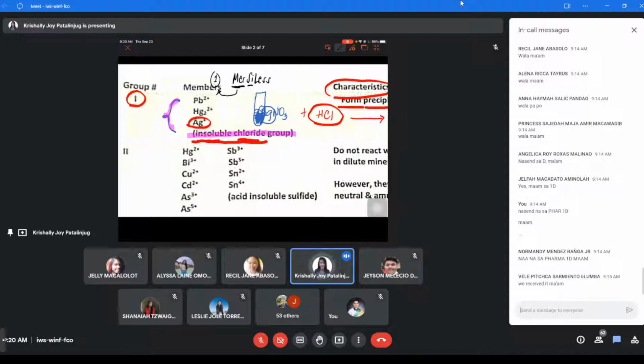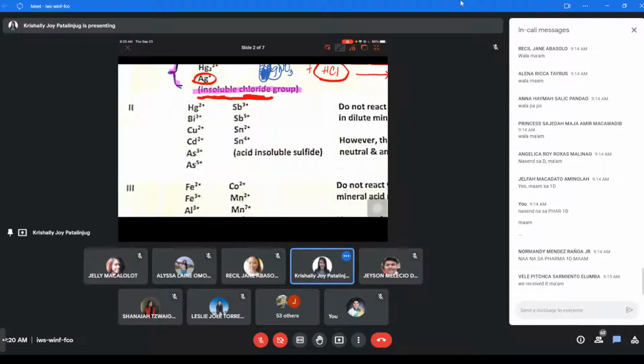Si for silver, Le for lead. So, merciless. Di ba may word na merciless? So, in-spell out ko na lang siya based on the ions present in group 1 para matandaan ko nga group 1, merciless. Mercury 1, silver, and lead ion. Okay, so again, they are insoluble chloride groups.